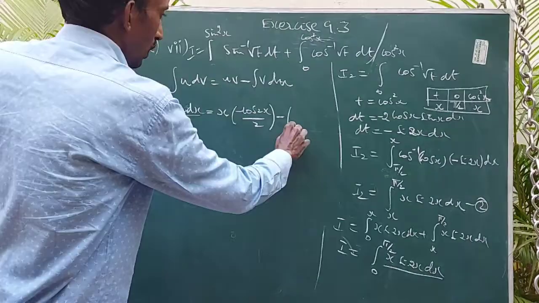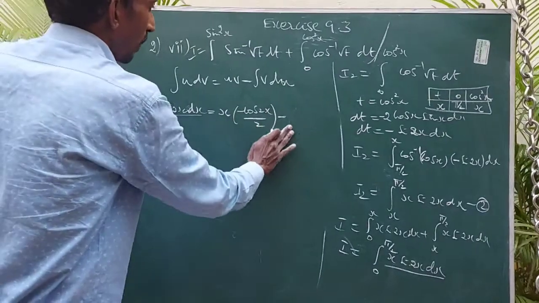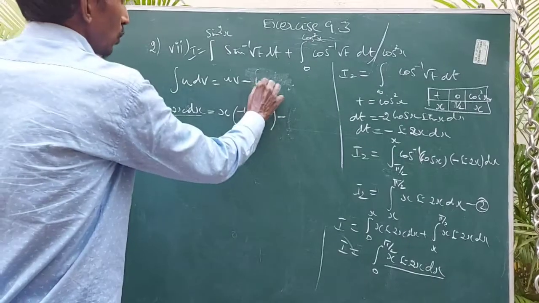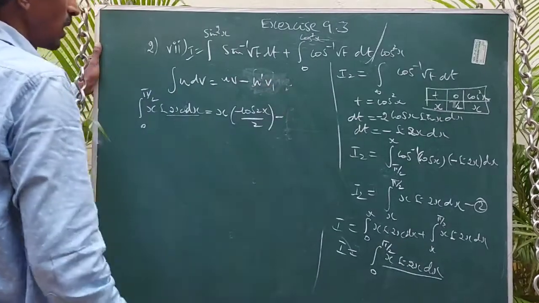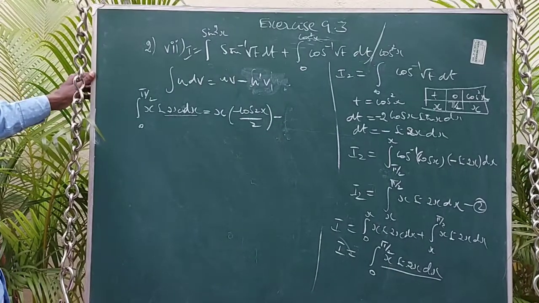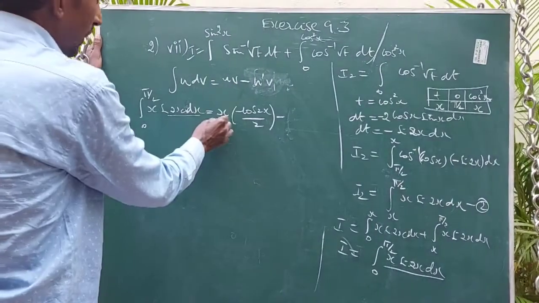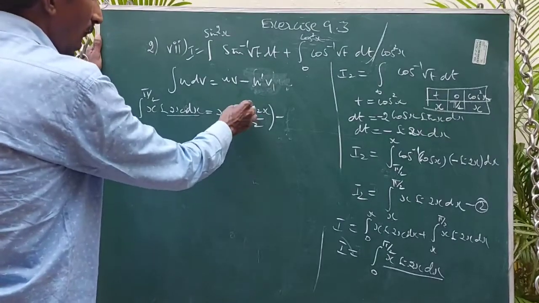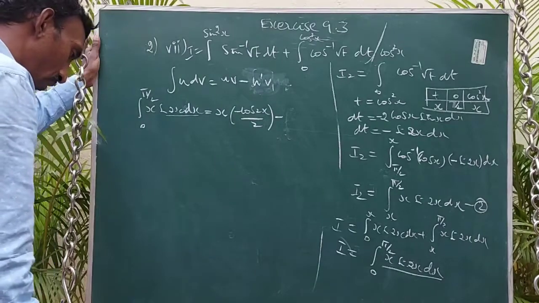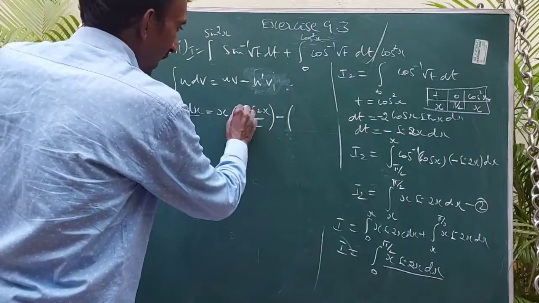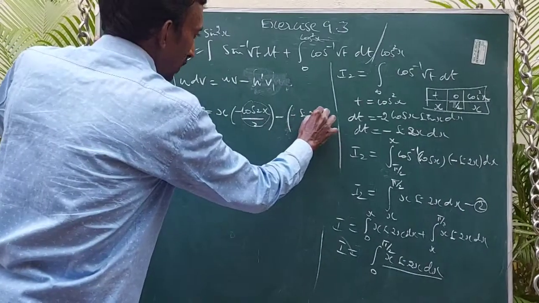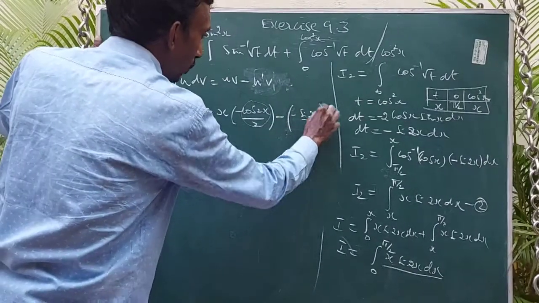Or we can apply Bernoulli's formula: uv minus u dash v1, where v1 means we integrate again. So u dash is 1, and the integral of cos 2x gives sin 2x by 2, with the already present 2 becoming 4, with a minus sign.